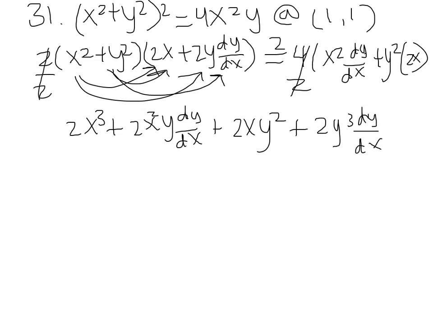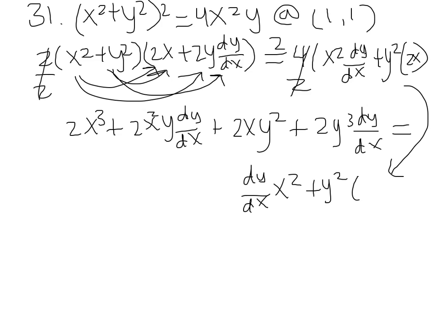So once we combine like terms on that side, which we'll clean up later, on the right hand side we're going to equal that to an x squared plus y squared dy/dx on the x squared, and for the y squared we'll have a 2x on that side.